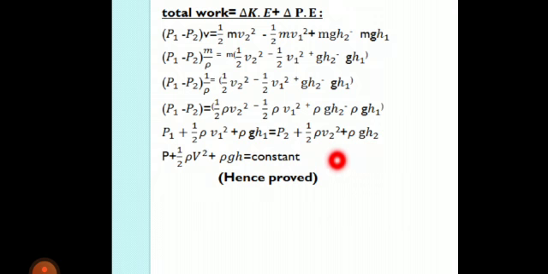It means it remains constant. So we write the general equation: pressure plus kinetic energy per unit volume plus potential energy per unit volume is constant, which is Bernoulli's equation, and that is proved.